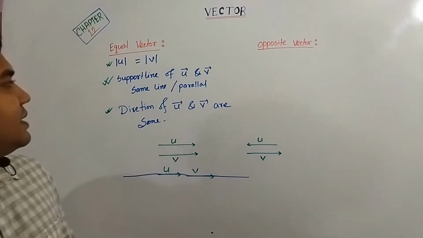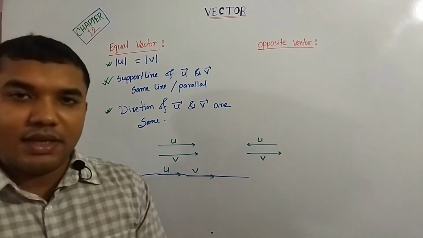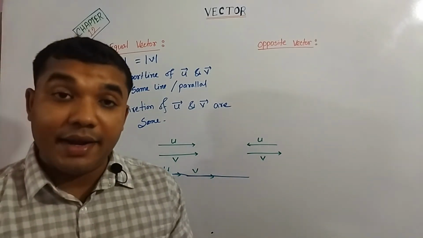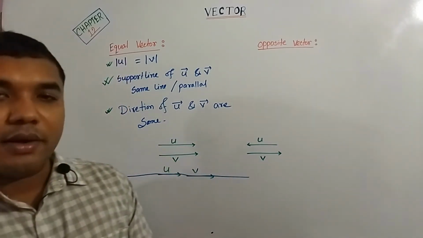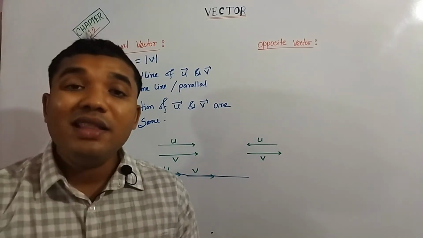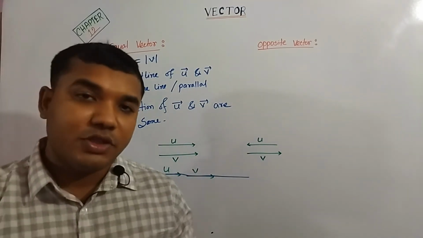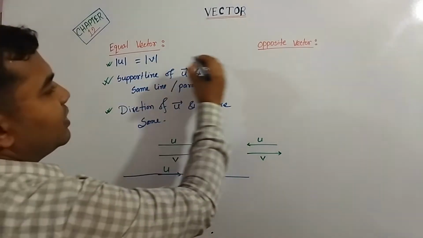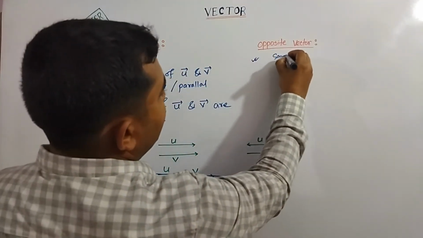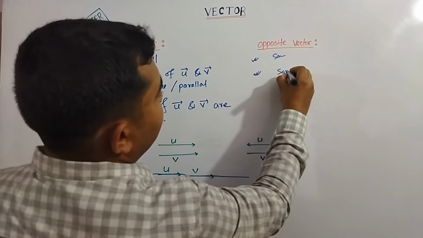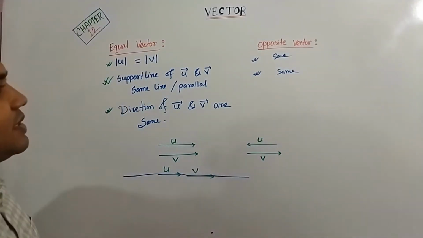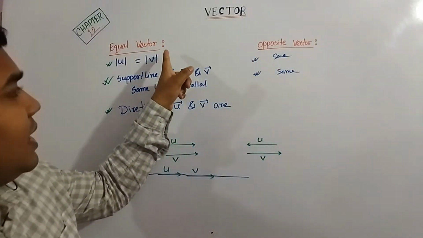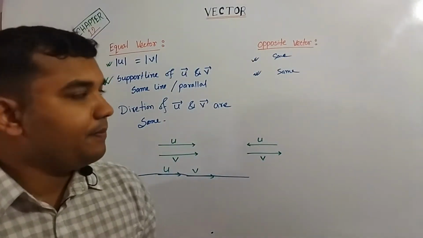So if any two vectors satisfy these three conditions, then we can say that the two are equal vectors. When will the vectors be opposite? In the case of opposite vectors, the first condition is the same and the second condition is the same. What same means is that the u and v magnitudes will be equal, and that will be the same for the opposite vector.